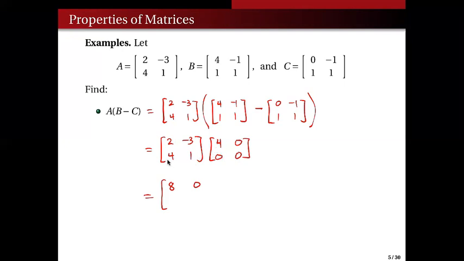Second row, first column, we have 4 times 4, that's 16, and then 1 times 0, that's just 0. So we'll just have 16. And then second row, second column, we have 4 times 0, that's 0, plus 1 times 0, again 0. So we have this matrix here. Okay, so far so good.